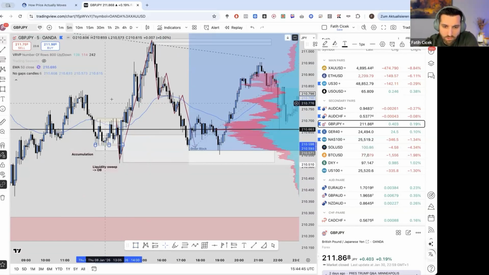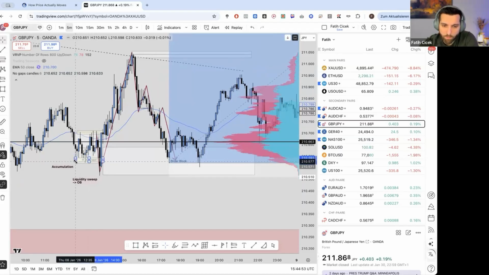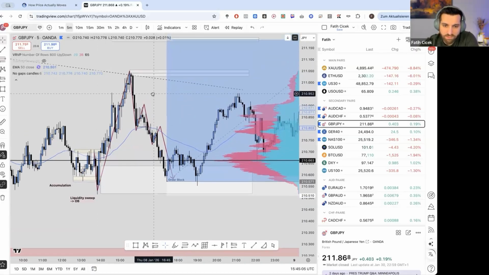So we can imagine that if smart money, which is the big institutions, the banks, want to give us the move upwards, they need to grab the liquidity first before they actually give us the impulse, which is exactly what happens. The liquidity was swept, okay, was grabbed, and then we had a huge impulse. So this is going to be our order block, and this huge impulse actually left a fair value gap.